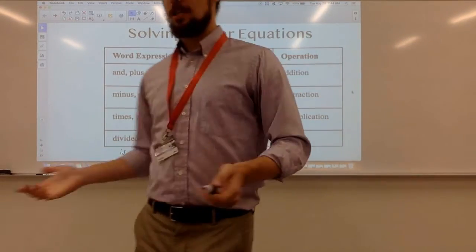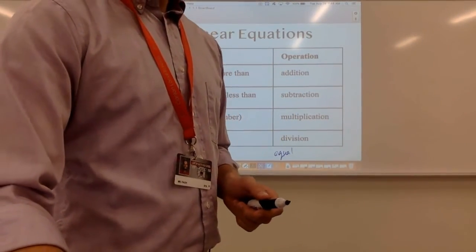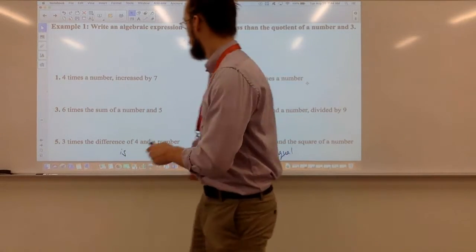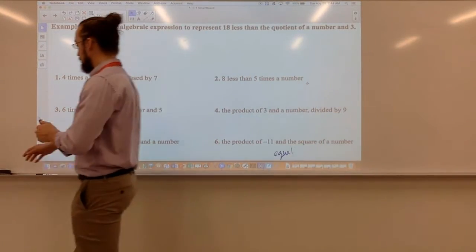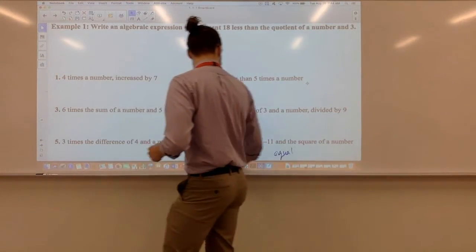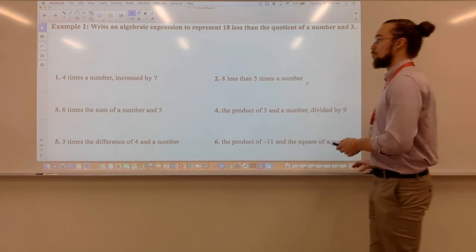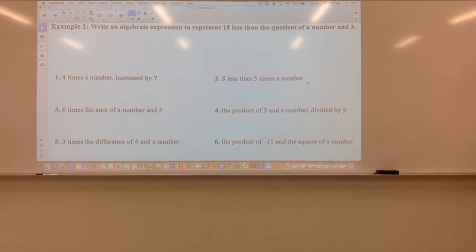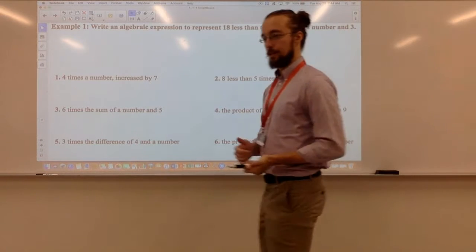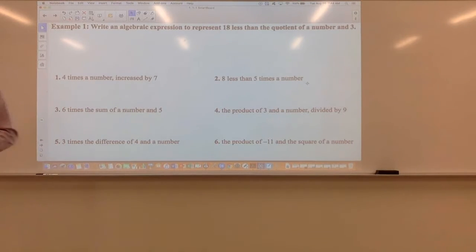All right, so let's try one of these together here. Right underneath your table is example 1, and it says write an algebraic expression to represent 18 less than the quotient of a number and 3.